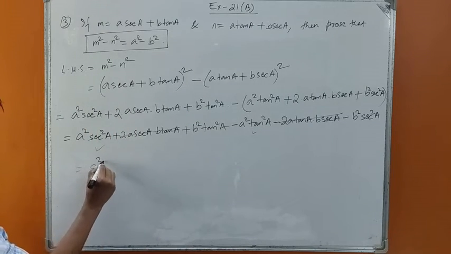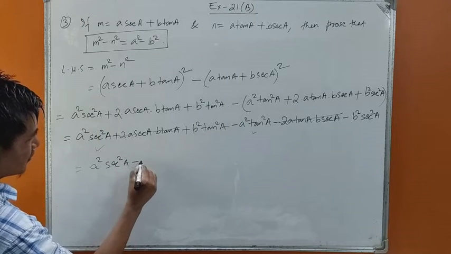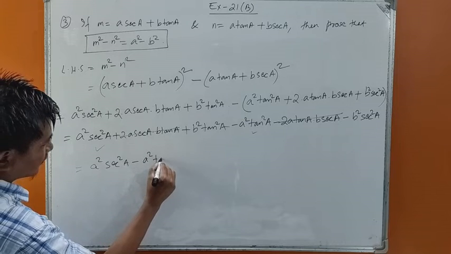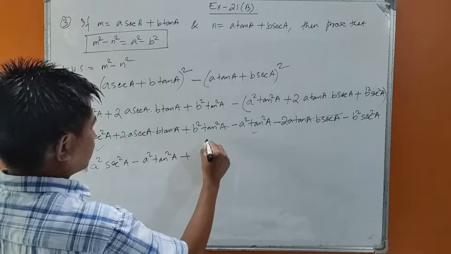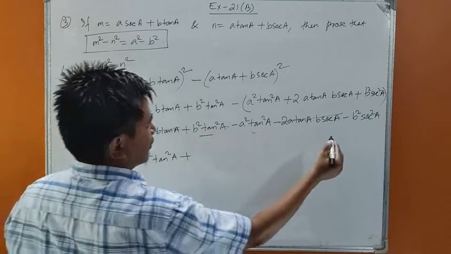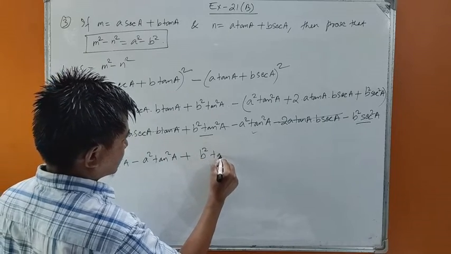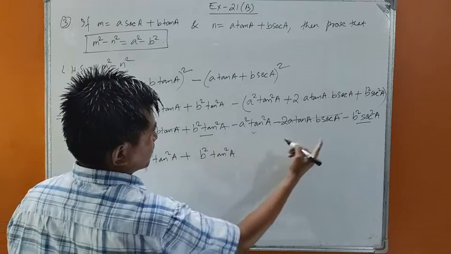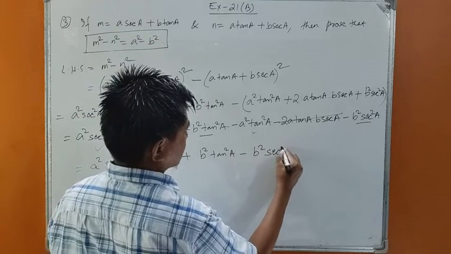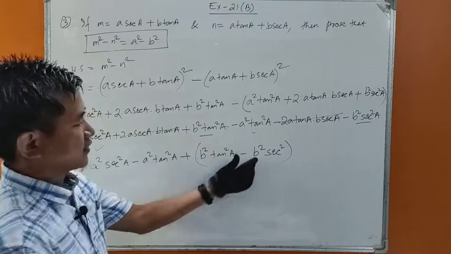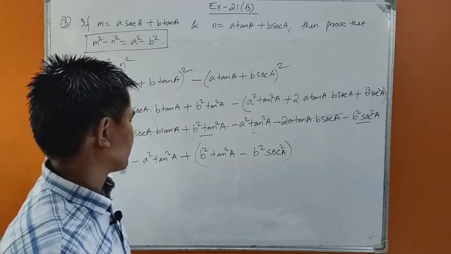A square sec square a minus a square tan square a, plus, we write these two, b square tan square a minus b square sec square a, okay.